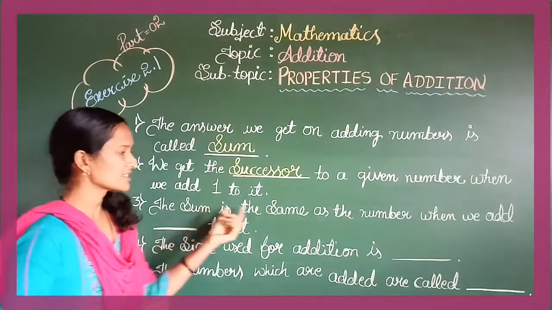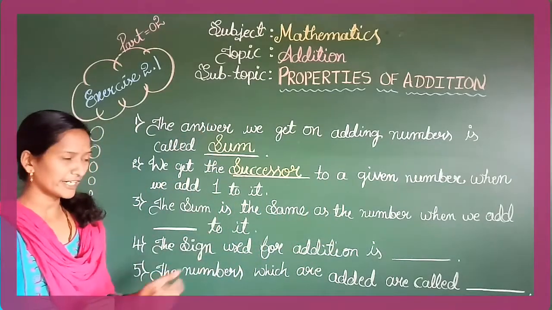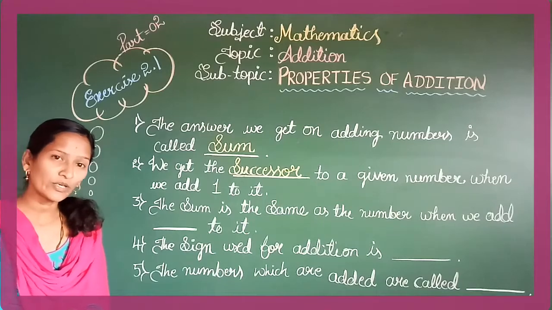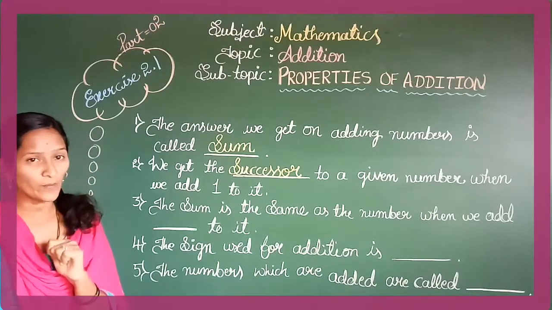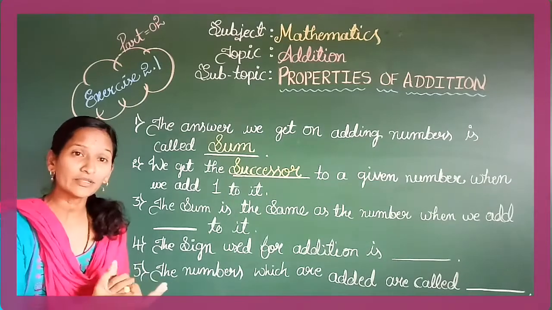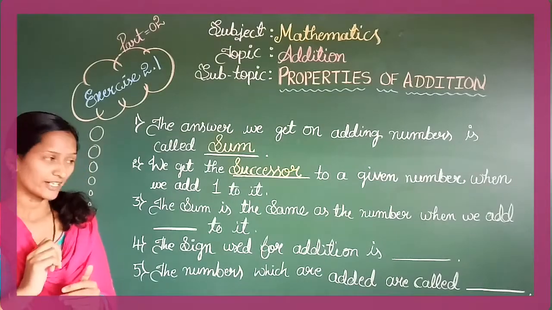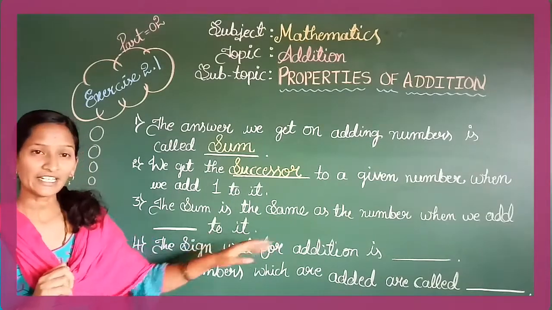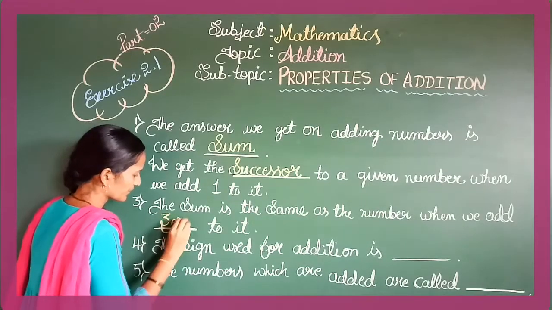Okay. So now come to the third one. The sum is the same as the number when we add dash to it. Yes, so which property is it? It is the first property. If you add 0 to any number, you are getting the same number as the sum, right? So we are adding 0, right? So write down here 0.